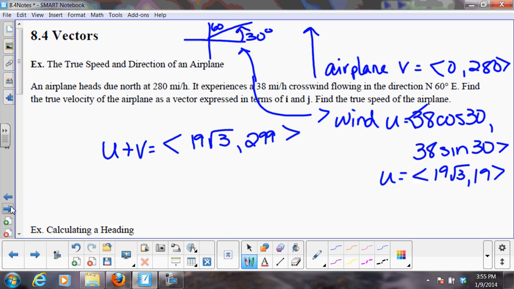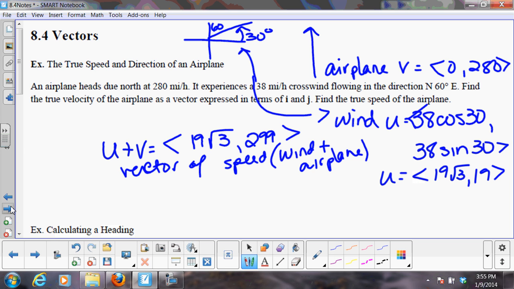That's not the true speed, that's the vector. This is the vector of speed. So that includes wind plus airplane.